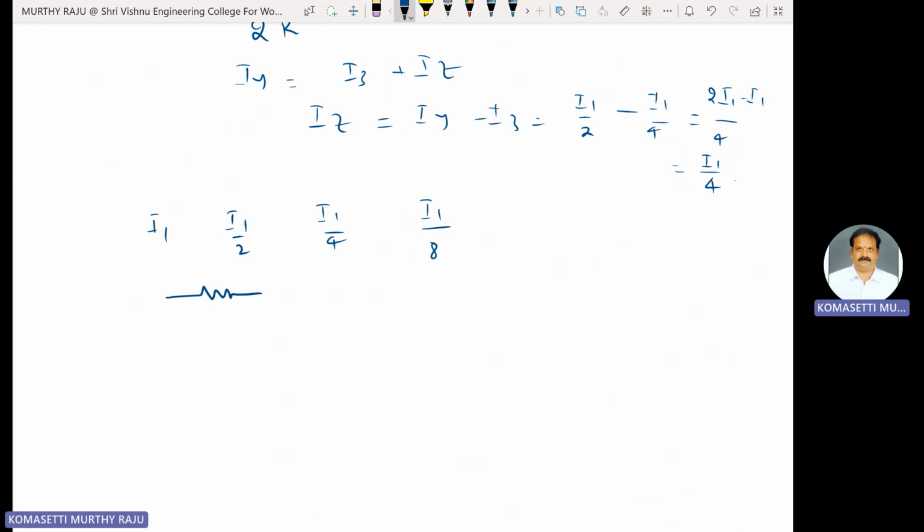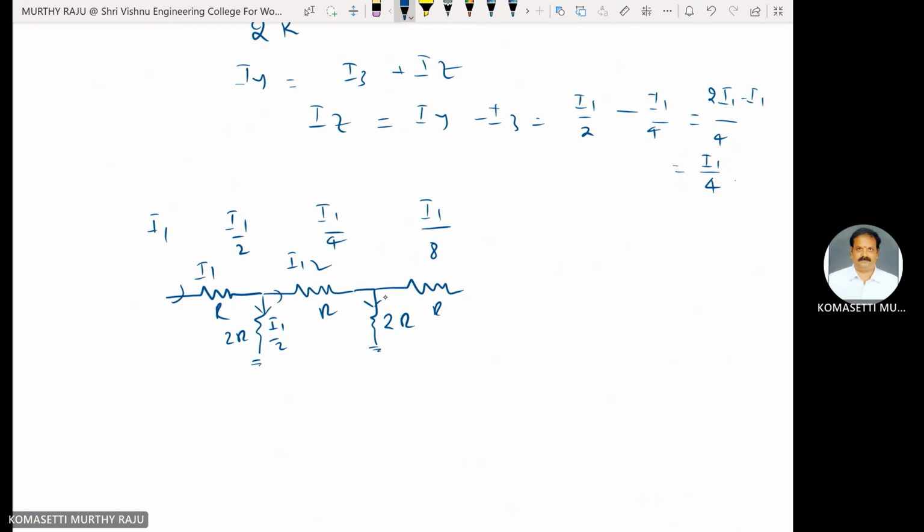Here this one is resistance R, this one is 2R, this one is R. I1 is divided like that, I1 by 2 and I1 by 2. This one is 2R, this one is R. I1 by 2 is divided into I1 by 4 and I1 by 4.